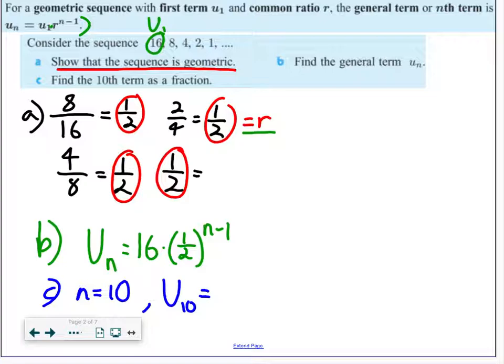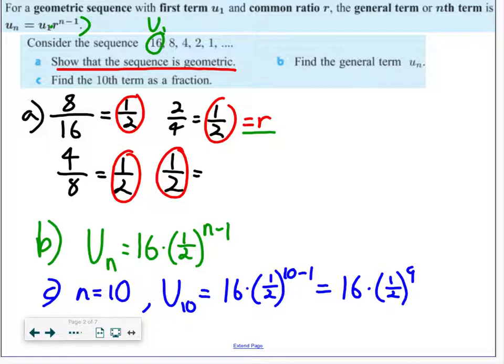Using my formula from above, I get 16 times 1/2 to the power of 10 minus 1, which is 16 times 1/2 to the 9th. Using my rules of exponents, this is equal to 16 over 2 to the 9th. 2 to the 9th is 512, and 512 is divisible by 16, so I get 1 over 32 as my simplified term.